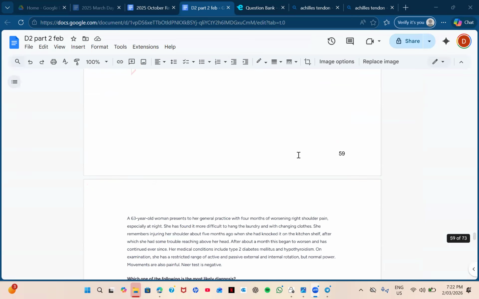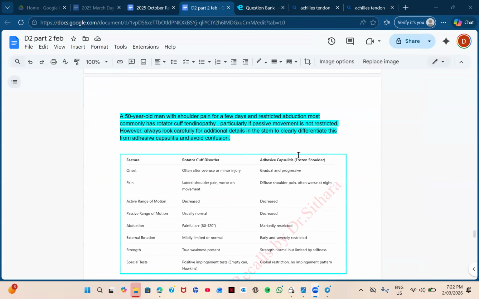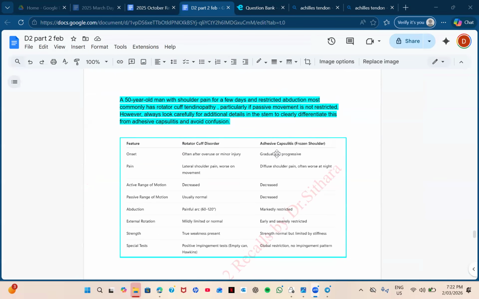So tell me, what are the main features that you should remember in adhesive capsulitis? Quickly tell me. You have to actively participate, doctors, otherwise it's very boring, right?